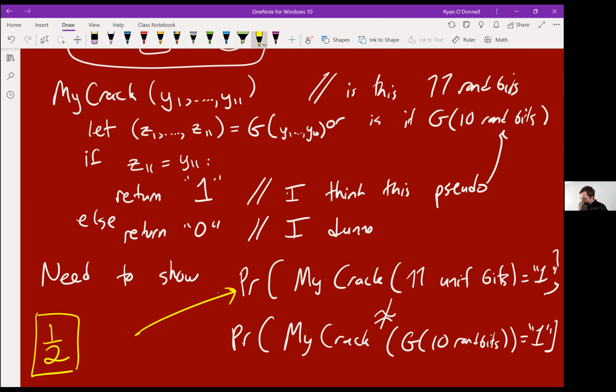Well, the probability of the first bit being a 1 or 0 is a half, the y11 equivalent. But then you feed y1 through y10 into the generator to get z11, and y1 through y10 is uniformly random.